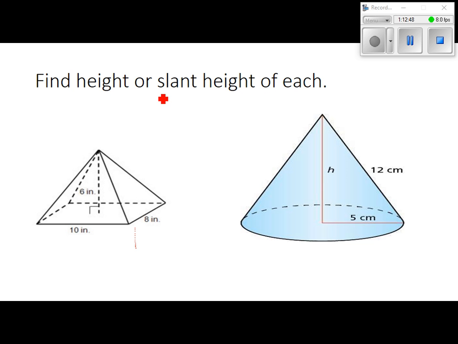So on this, if we're looking at this pyramid on this first one here, we'll call this number one. We're looking at this pyramid, and we want to find the slant height or the height. Well, the height here is this. That's 6. So we know the height is 6 inches on that one.